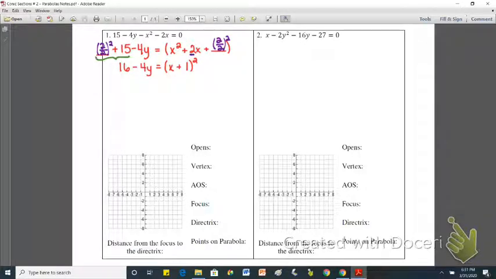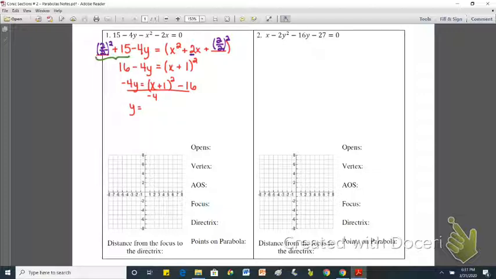My equation is a y equals, so I need to get it to y equals. I'm going to subtract 16 from both sides, and I'm going to divide everything by -4. So I end up with y equals, well, when I divide (x plus 1) squared by -4, I can't really do anything with that.